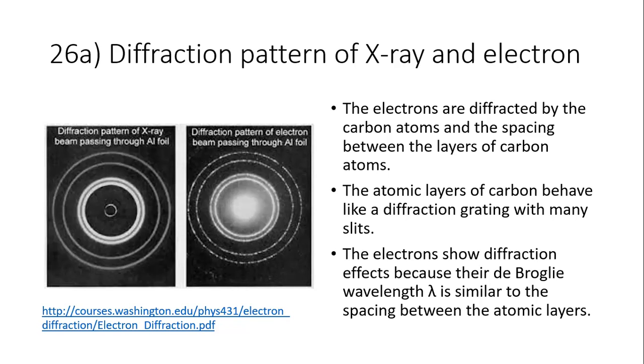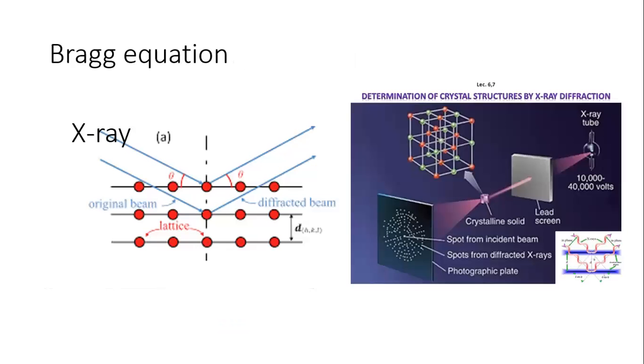Electrons show a diffraction effect because their de Broglie wavelength lambda is similar to the spacing in the atomic layer. That's how we get our diffraction pattern. We will study this later on, under Bragg's equation, where that's your spacing between the atoms.